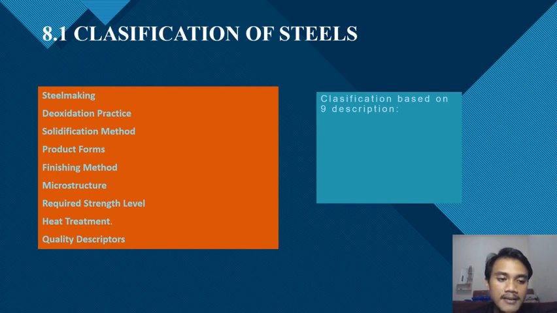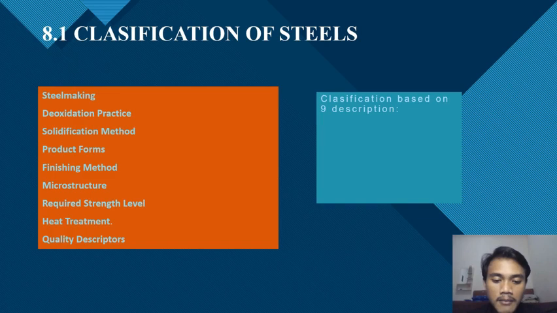The deoxidation practice: oxygen is generally considered an undesirable element in steel because it combines with other elements like manganese, silicon, aluminum, and titanium to form oxide inclusions that can degrade toughness and fatigue resistance.